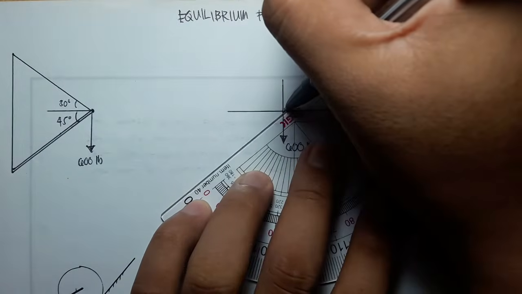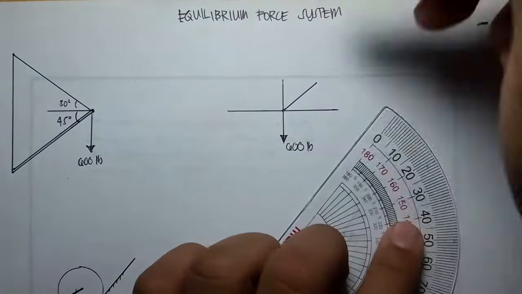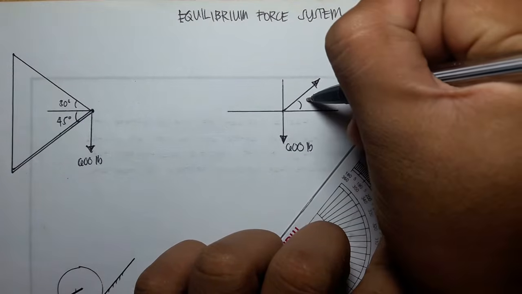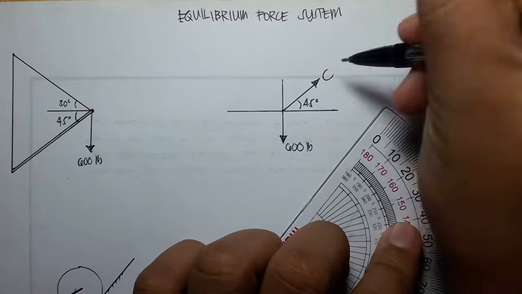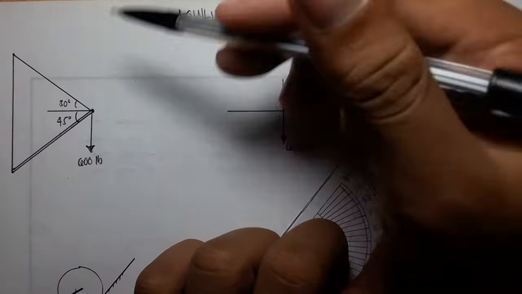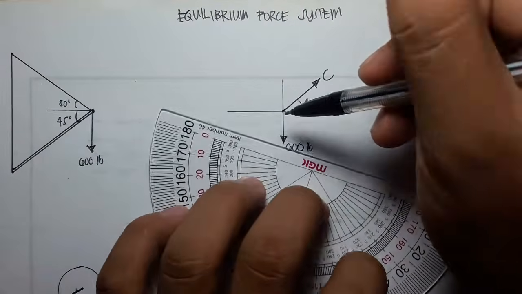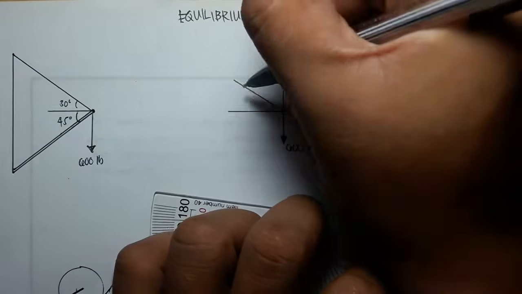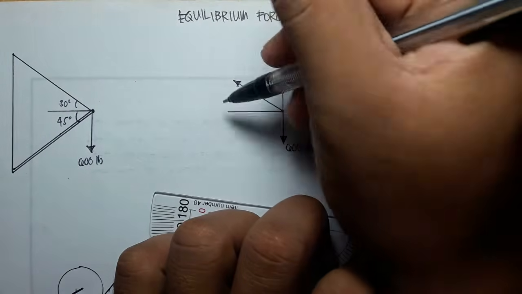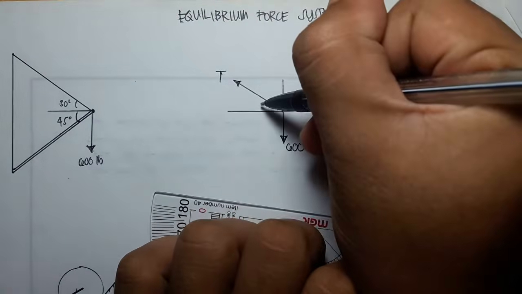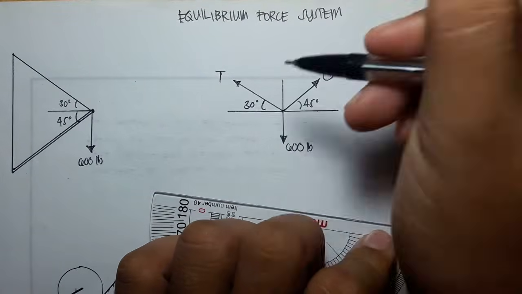I will put here the 45 degrees, the compressive. Then the tensile, 30 degrees maybe here. So this is the tensile force with 30 degrees.